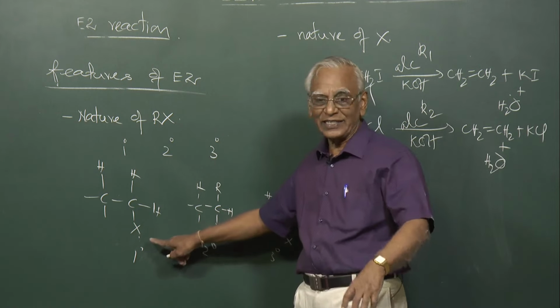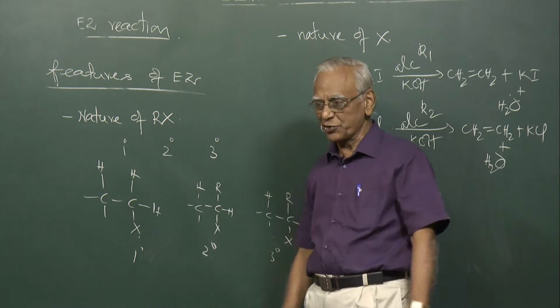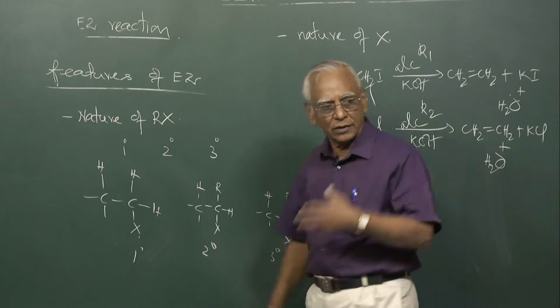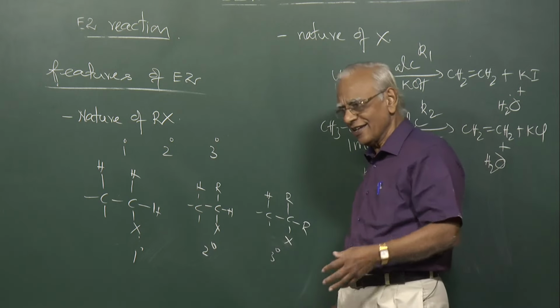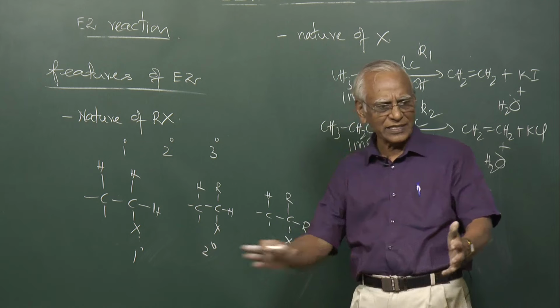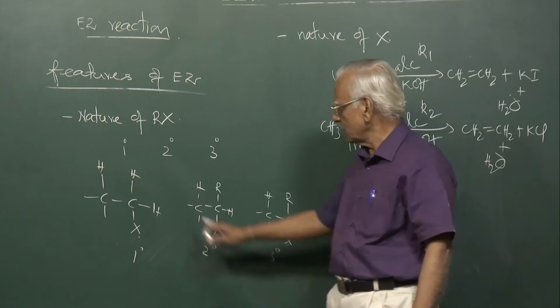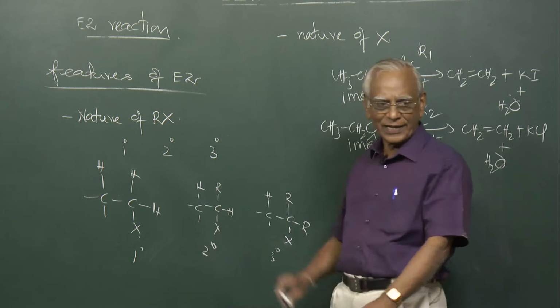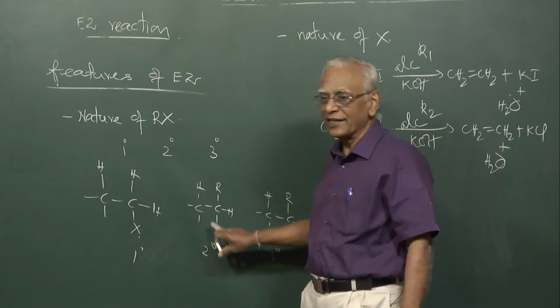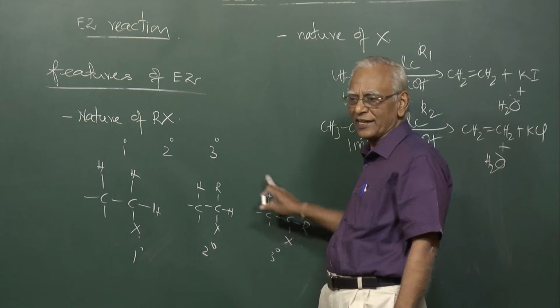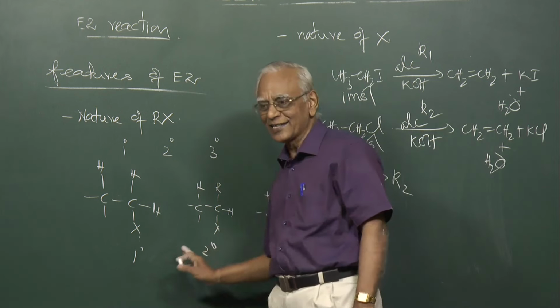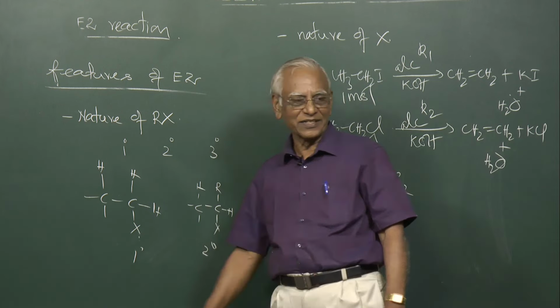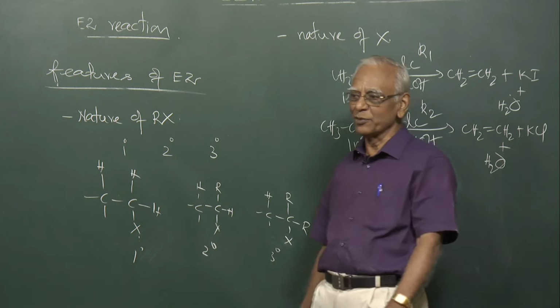Now, what is the difference here? It's a primary, secondary, or tertiary halide. Now, we have written the mechanism. Would you expect any change in the rate of the reaction here, or is it going to be the same? I have 3 options here. It is equal for K1, K2, and K3, or K1 greater than K2 greater than K3, or K3 greater than K2 greater than K1, or any other permutation combination as per your wish, or none of the above, or all of the above.